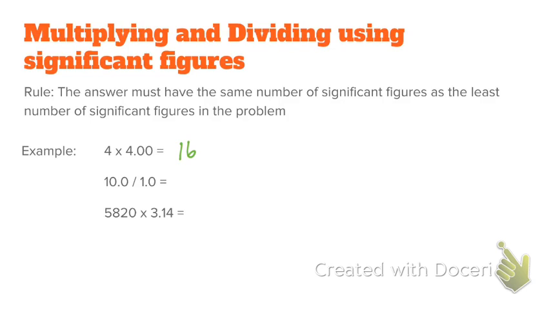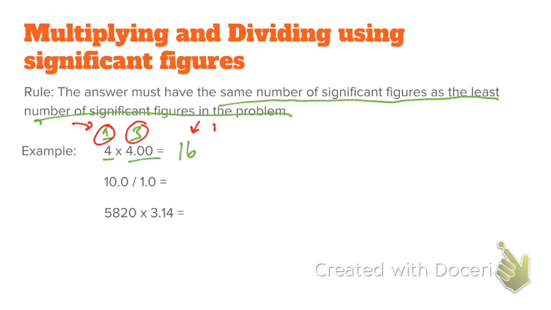But what we're going to do is count the sig figs in our problem. Here I have 1 significant figure, and here I have 3, right? The answer must have the same number of sig figs as the least number of sig figs in the problem. Between 1 and 3, which one is the lower number of sig figs? Well, it's 1, because 1 is smaller than 3. Therefore, my answer must have 1 sig fig.